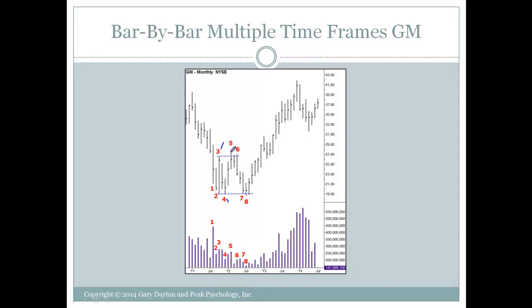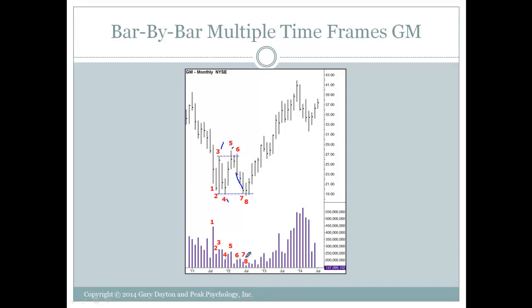We come up to 5. We rally back up to the top of 3, and typically in one of these bottoms like this, we're not able to go much higher up. We're not doing a V spike reversal, but we're going to build some accumulation potentially. We come back down, and notice as we come back down on 6 and 7, volume's not really expanding.